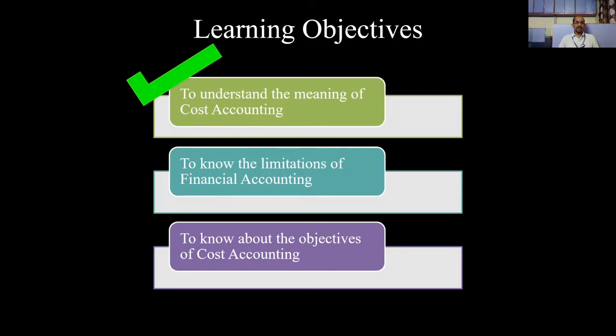So to achieve that objective, certain data is required by the management, and financial accounting is not in a position to provide that data. Such data can be generated through cost accounting. So the limitations of financial accounting have given birth to cost accounting. So let us see the limitations of financial accounting.